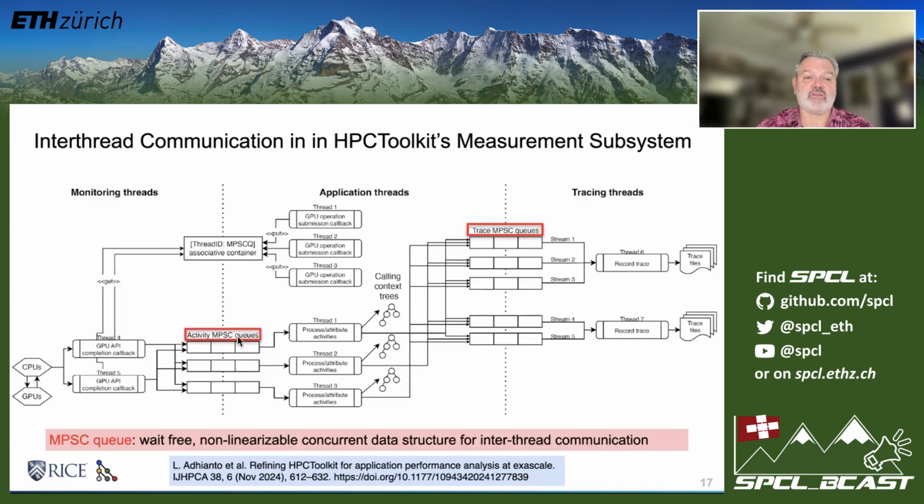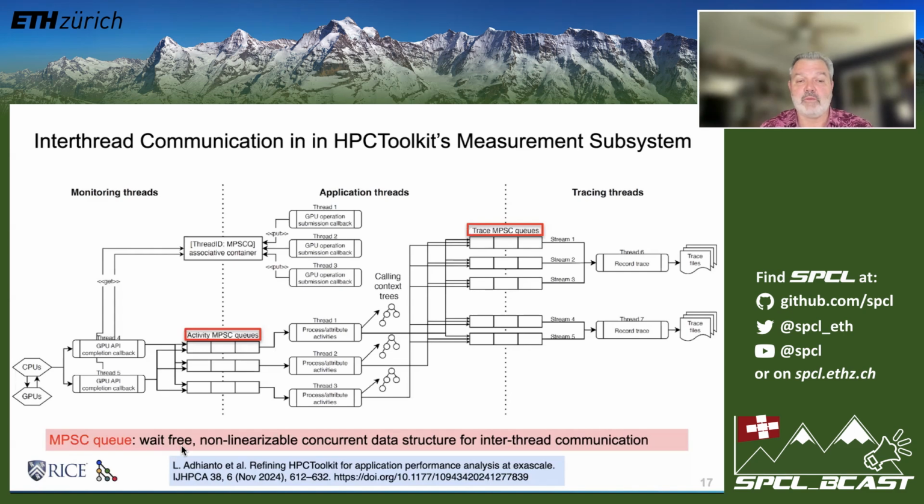And so the thing that we do is we use MPSC queues. We built something called a multi-producer single-consumer queue, which is a novel concurrent data structure. For those of you who understand the properties of concurrent data structures, it's a wait-free, non-linearizable concurrent data structure. And wait-free is a big deal.